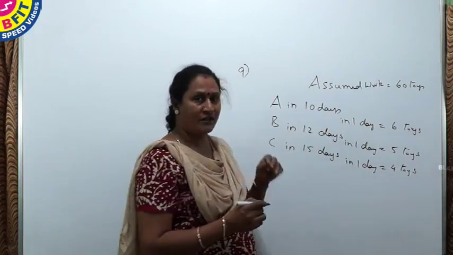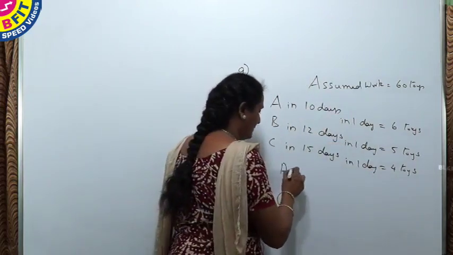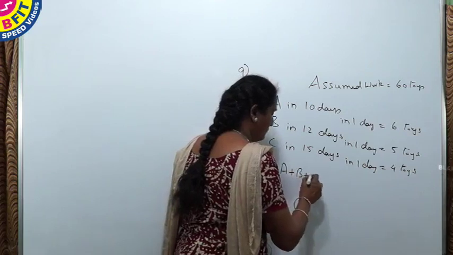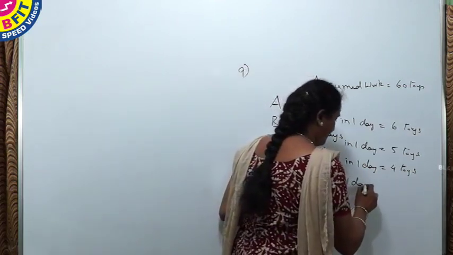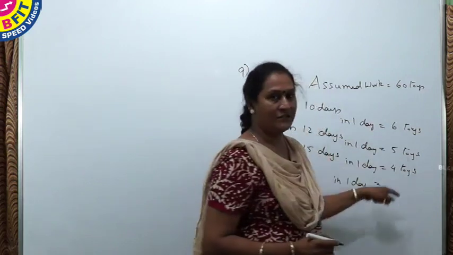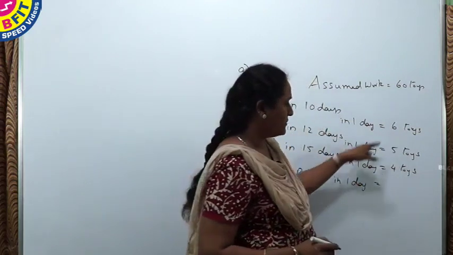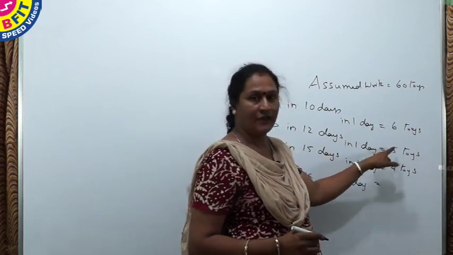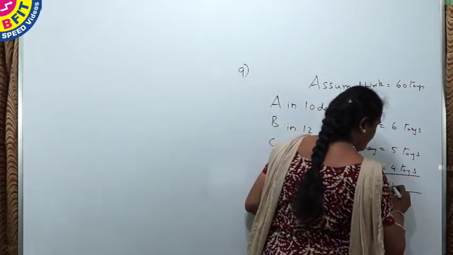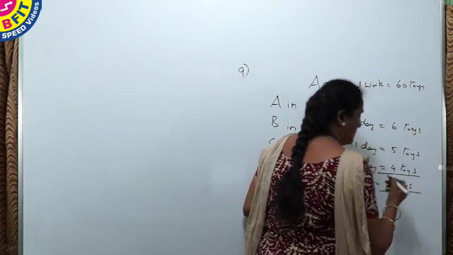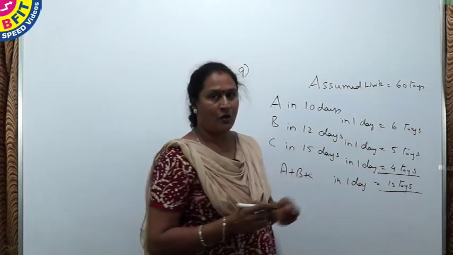So when all three, A, B and C, work together, in one day we add all the work done by A, B and C. So 6 plus 4, 10, plus 5, 15. So all three can do 15 toys per day.